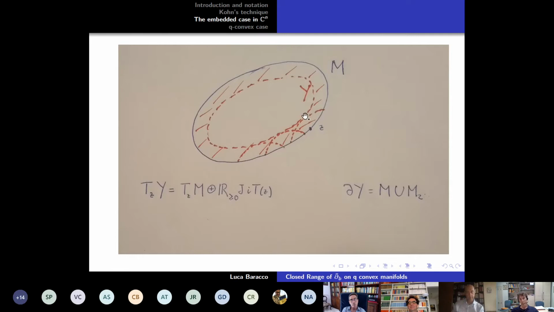And the fact that all these pieces lie on the same side can be said also in this way: the totally real direction T always points inside our manifold Y.